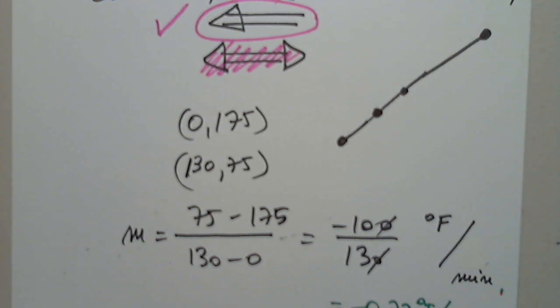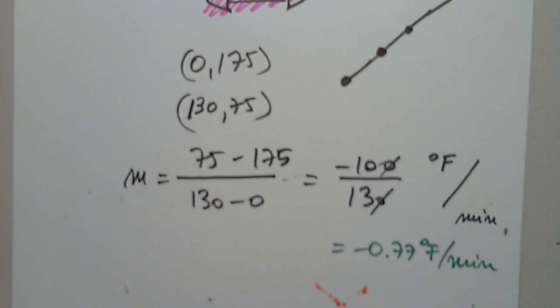That's how fast it's decreasing its temperature at that moment. Is this perfect? No, it's an estimate. It definitely has to be negative. The slope is negative, and we know that because it's decreasing. So I will stop here.